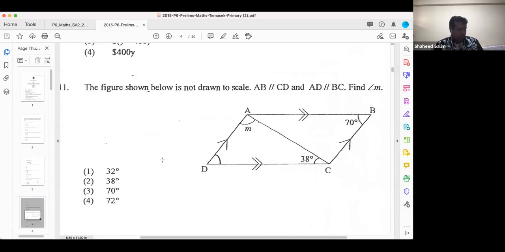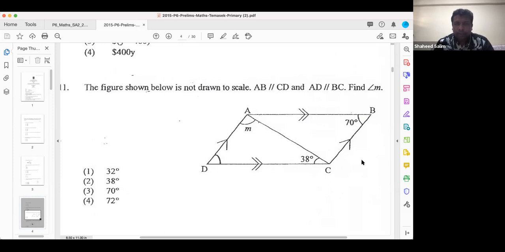Okay, next question. Now this is what? Parallelogram, you know.